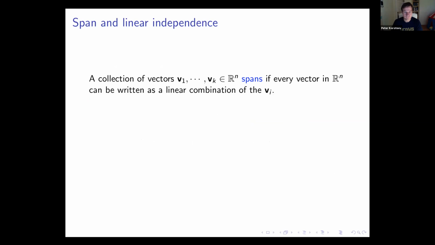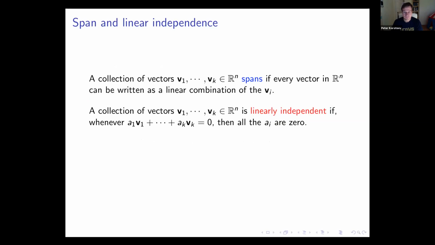A quick recap for span. We say that a collection of vectors in Rn spans if every vector in Rn can be written as a linear combination of vectors from this collection. The collection is linearly independent if whenever this is equal to 0, it means that all the a_i are 0, so we are dealing with a trivial linear combination.